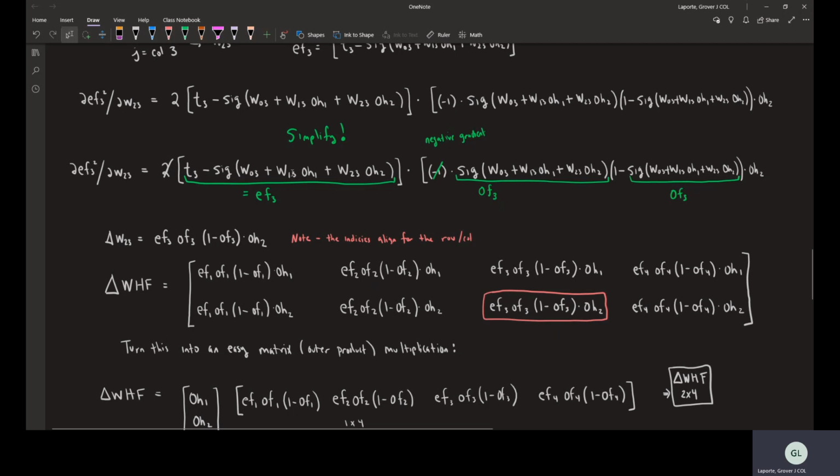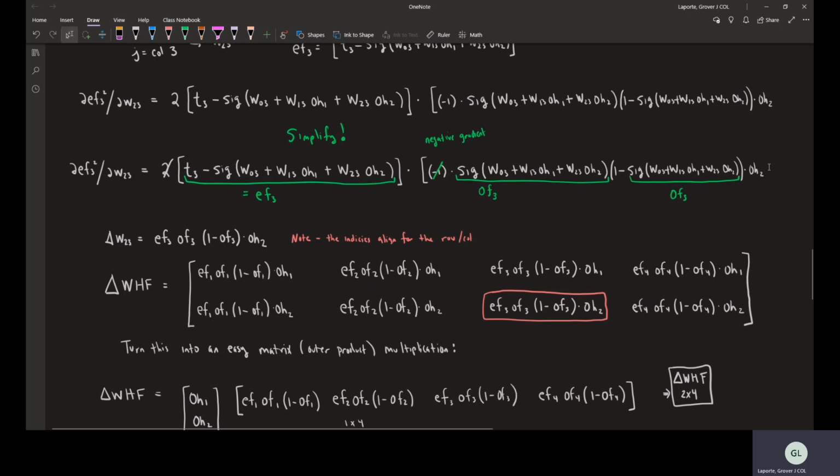Why is that? Well, because the sigmoid of this guy is just OF3, and T3 minus OF3 is just EF3. So we know that this whole thing inside here just becomes EF3. And then we get rid of that negative sign because we know we want to go in the negative direction because we're worried about the negative gradient, right? We're going towards the middle, or I'm sorry, the minimum. And then we know this is OF3. And this one is OF3.